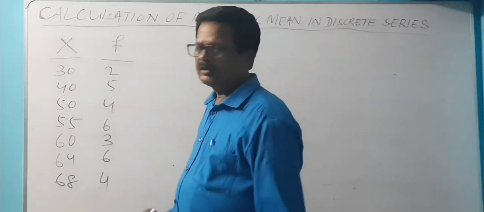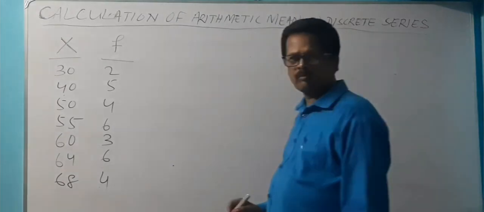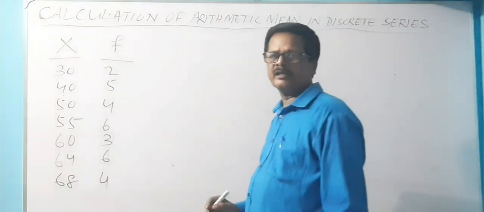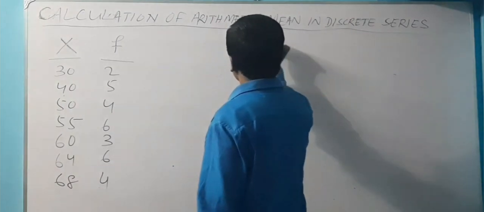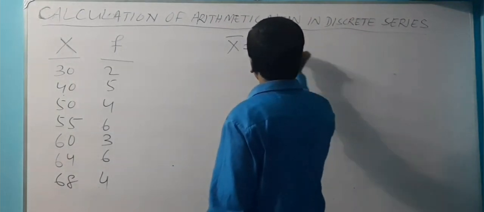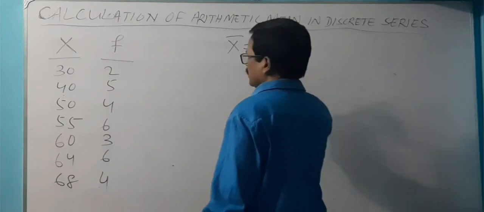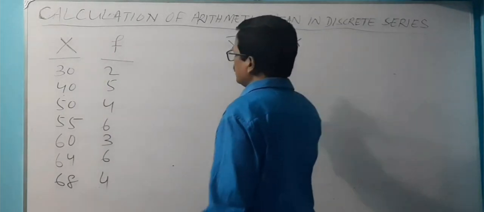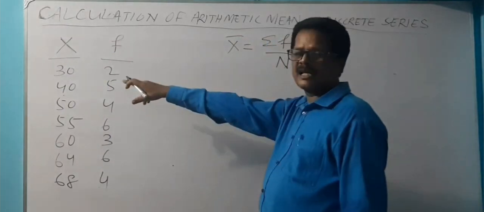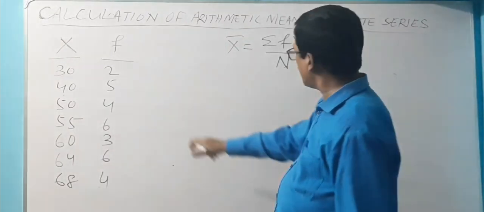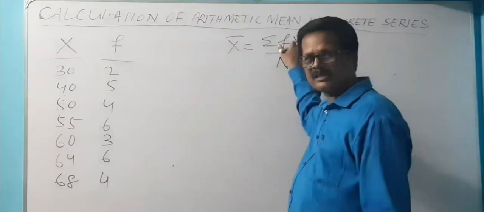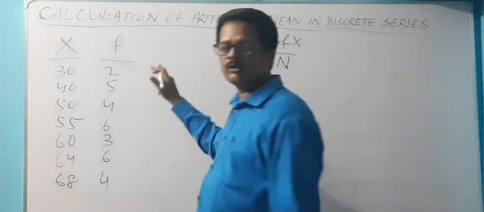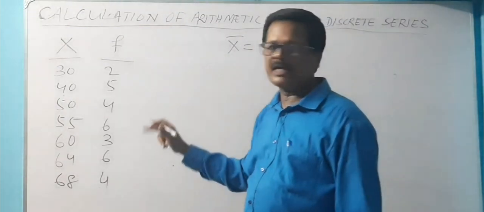Now we know that the formula for calculating arithmetic mean in this method is x bar is equal to summation fx by n. So x is there, f is there. We have to find out the value of fx, f into x. Okay, so we have to create another column, that is fx.